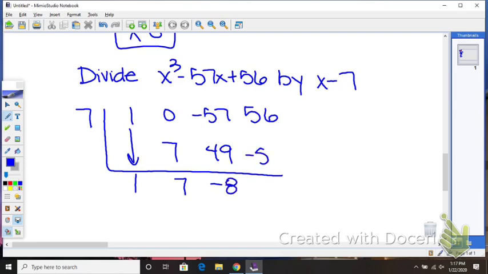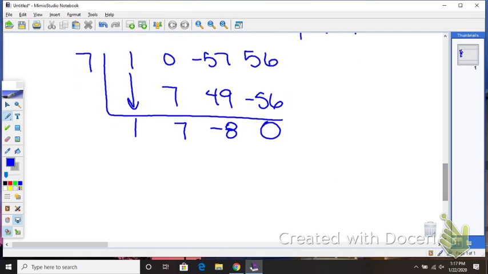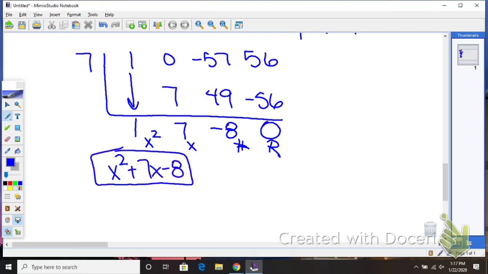And a negative 56. So 0 is our what? Remainder. So here's my r, here's my number, here's my x squared. So I have x squared plus 7x minus 8. Good?